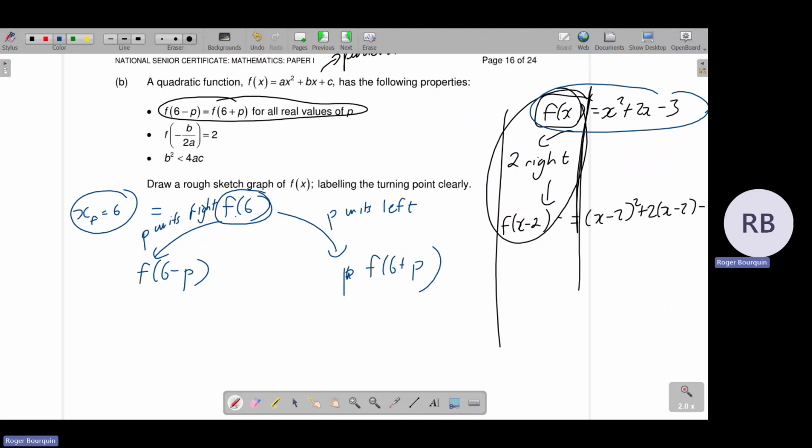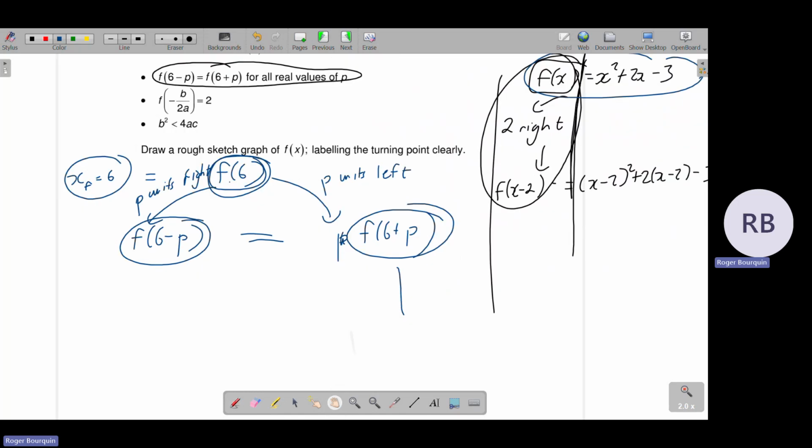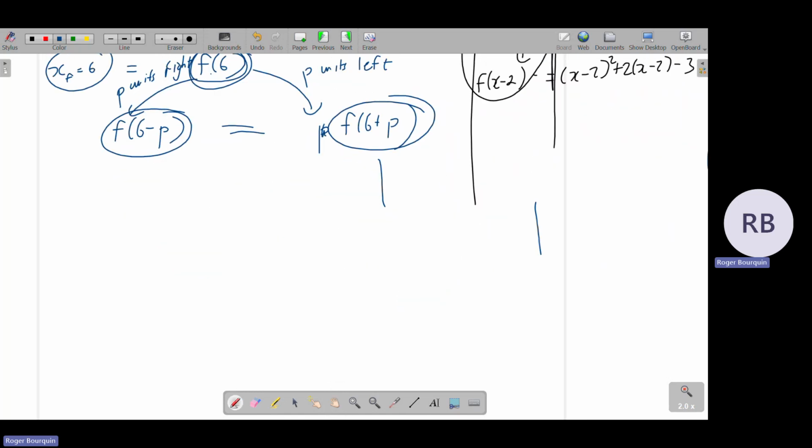So what are they saying to you? If you start with the y coordinate when x is equal to 6, and you shift p units to the right and p units to the left, then the y coordinates will be equal. Okay, this is quite a tough concept. You with me? So what does that mean in terms of a graph? It's saying that if you have some graph, I'm not going to start drawing it yet, and the turning point is at 6, where's the graph going to be?